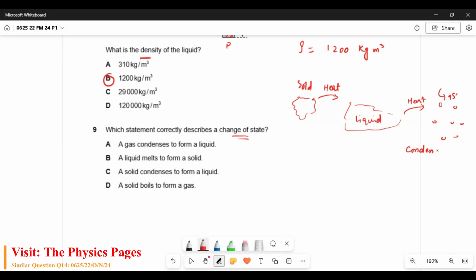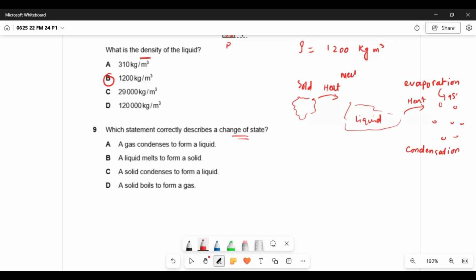From liquid to gas, it is called evaporation. From solid to liquid, it's called melting, and from liquid to solid, it's called solidification, or in the case of ice, it's freezing.